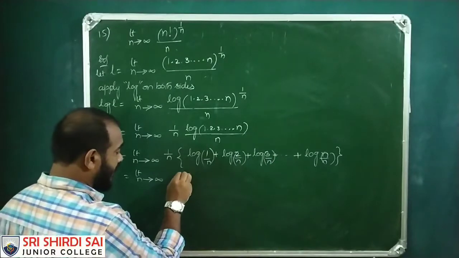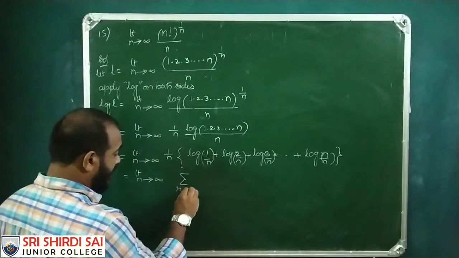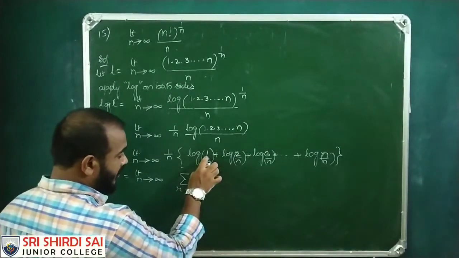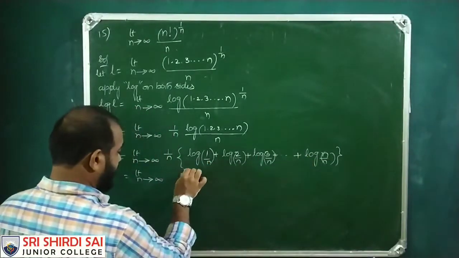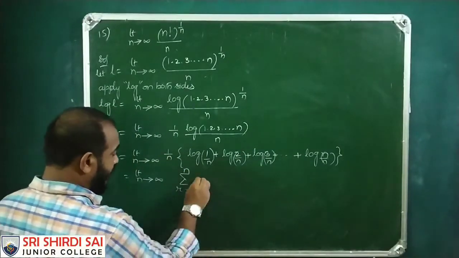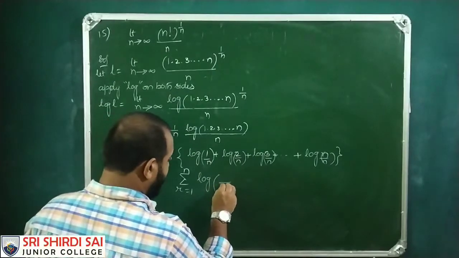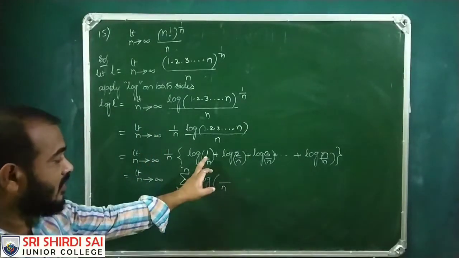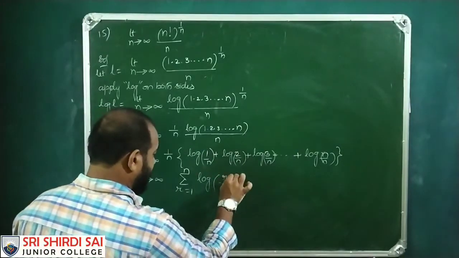since this is a series summation, I will replace it with the sigma notation. r runs from 1 to n, log. Everything by n is common, but here r is in the numerator, so r I will take.